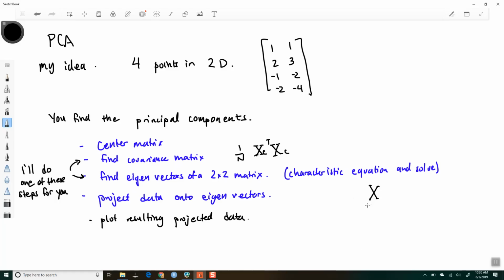X itself is n by 2, and your W is a linear combination, so this will be 2 by 1. So this will be your projected data. This is 1 if this is W1. If you work through homework 6, you'll see all the steps here.